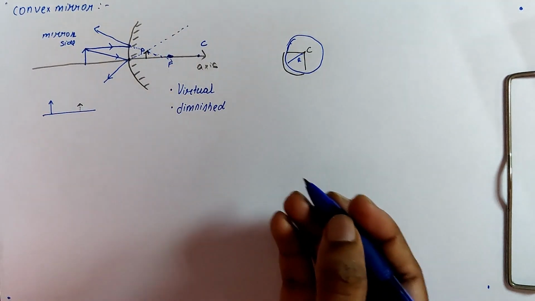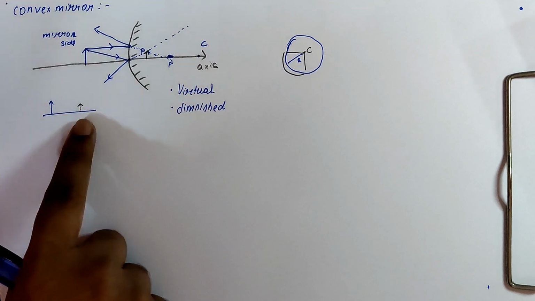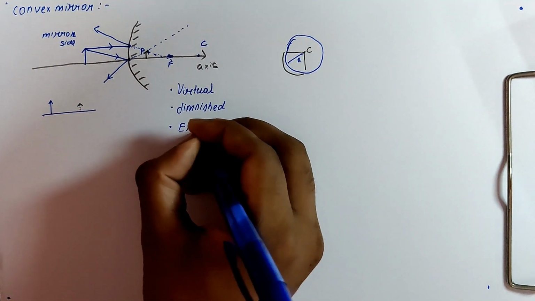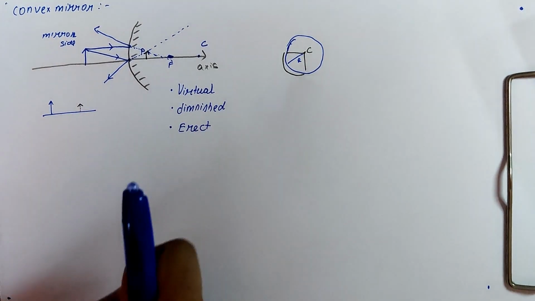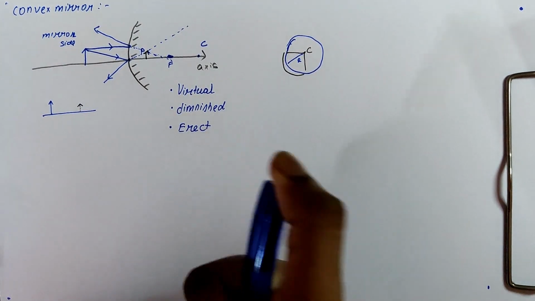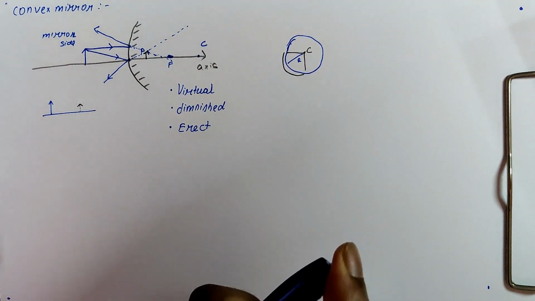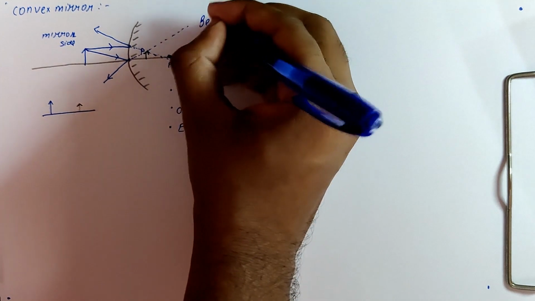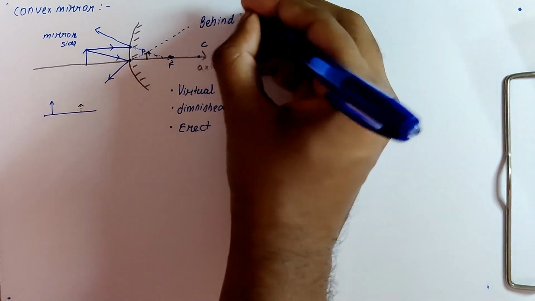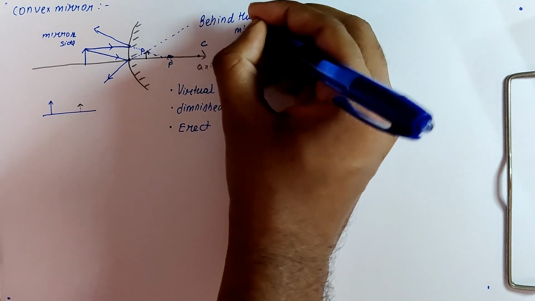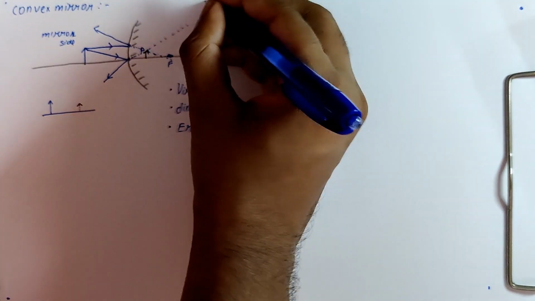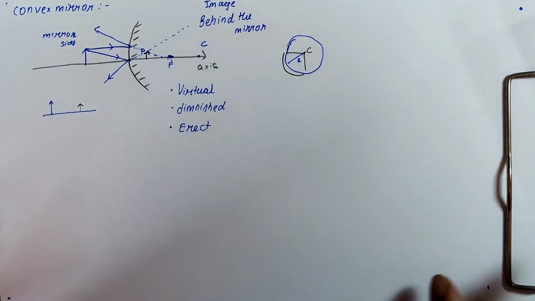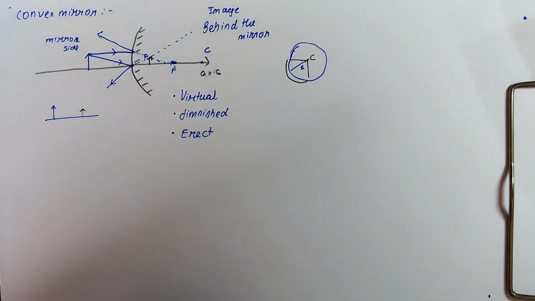And next, the final thing is whether it's erect or not, and we can clearly see these two images are erect. Now we have the three properties of the image. Now what is the position of the image, you ask? It will be behind the mirror. The image will be behind the mirror.